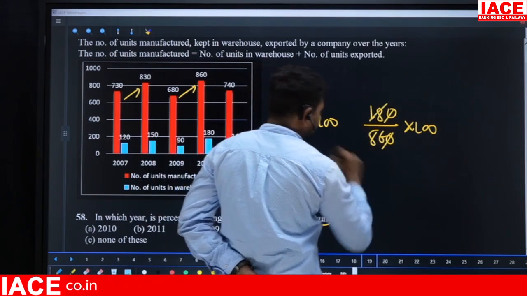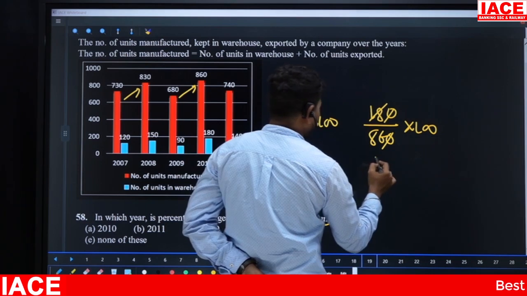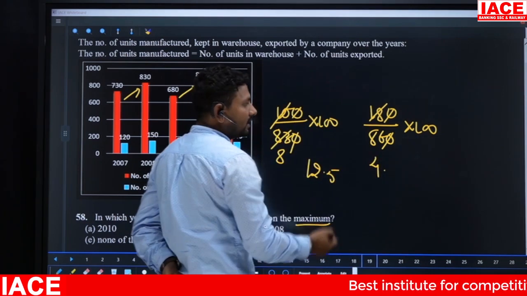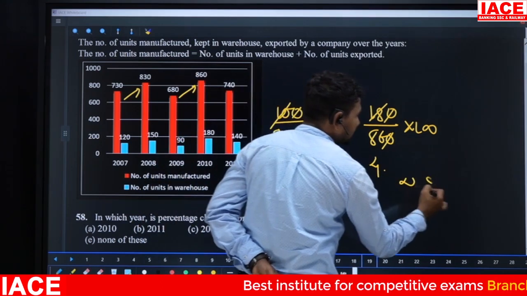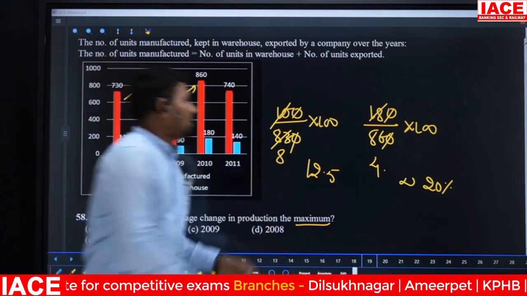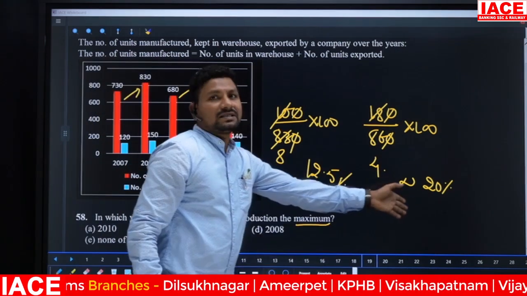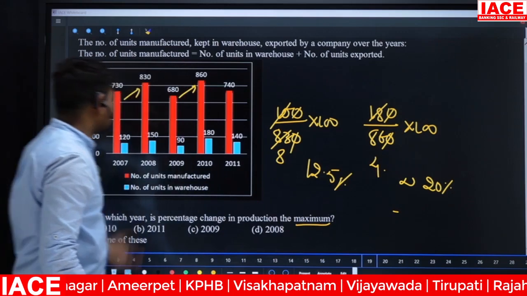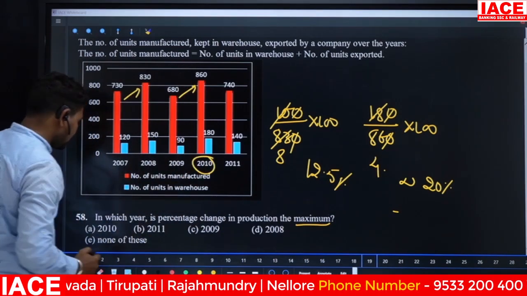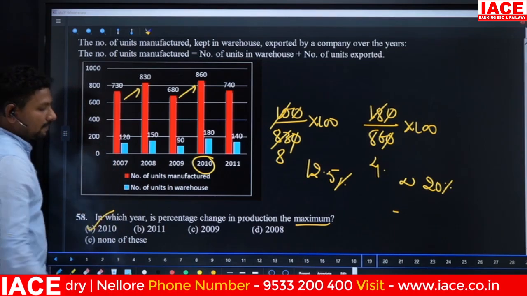How many times is it? Nearly 8 fours. So for example, 100 by 4 gives you nearly 20 percentage. Approximately 20 percentage. That means compared to 12.5 percentage, 20% is bigger. In percentage change wise, which year has more percentage? 2010.